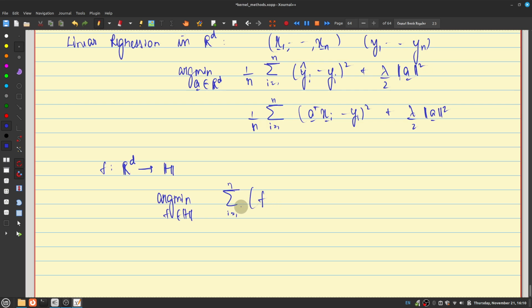Now our prediction is no longer a transpose xi. This is just going to be some f of xi, where f maps R^d to R, and this f comes from some Hilbert space of functions. All right, so your hypothesis class in some sense is just a Hilbert space of functions instead of just the set of all linear functions.